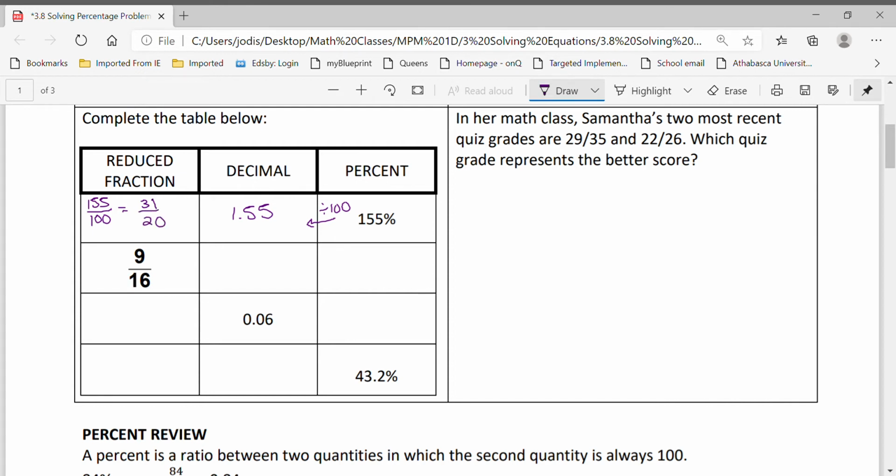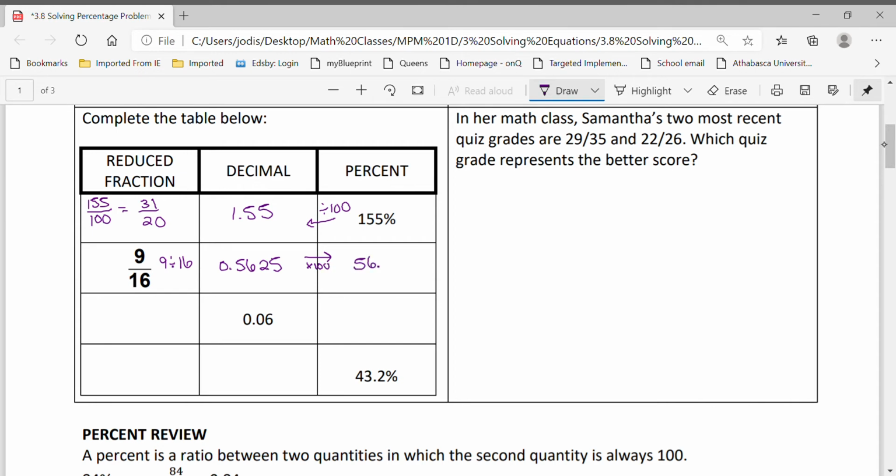Okay, so next one, we have the fraction. How do we get it into a decimal? Well, a fraction literally means 9, in this case, divided by 16. So we could just do that on our calculator and we get 0.5625. Now if we have the decimal and we want to go to a percent, we have to multiply by 100.